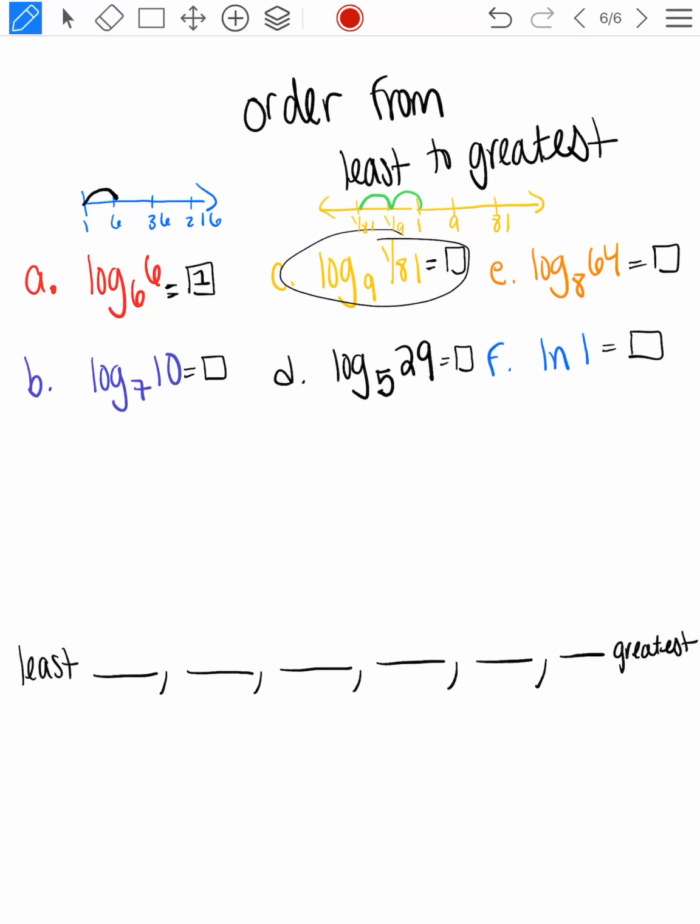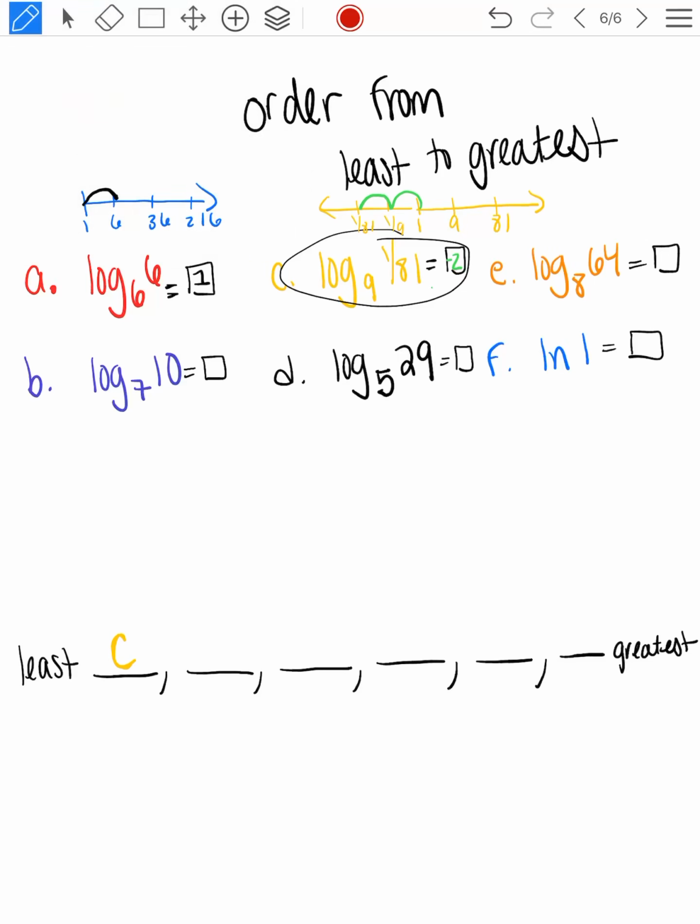So that's going to take me 2 jumps to the left, so that's going to be -2. So right now, -2 is my least, and I'm not going to have any lower than that because I have no other fractions, so I have no other ones going to the left. So right now I'm going to put C, logarithm C, as my smallest one because logarithm C has a value of -2, and there's no other negative ones on there.